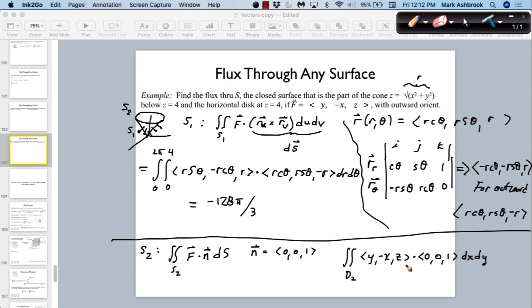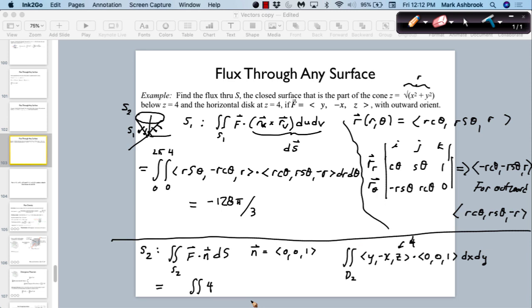All right, but what is z? We're in this disk. So z is always 4, right? So that's 4 for every point where we're integrating. So this thing equals the double integral of 4.